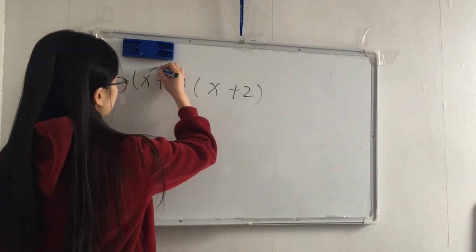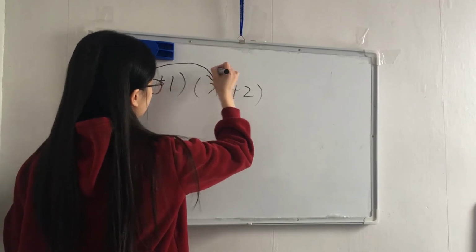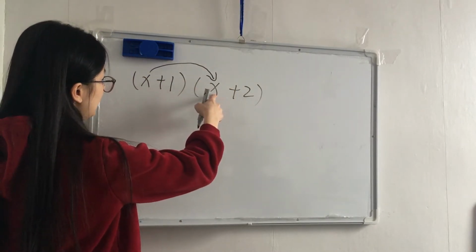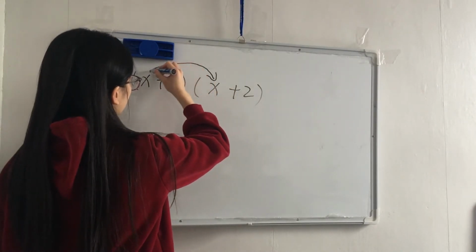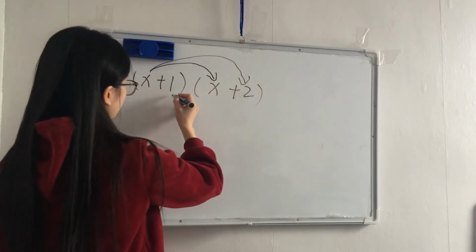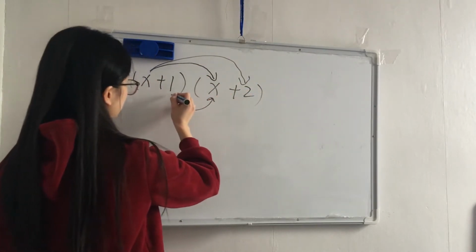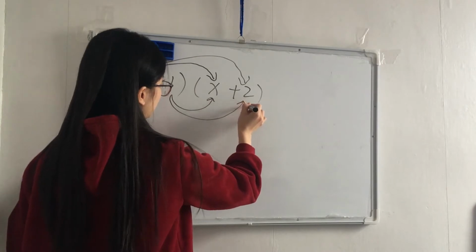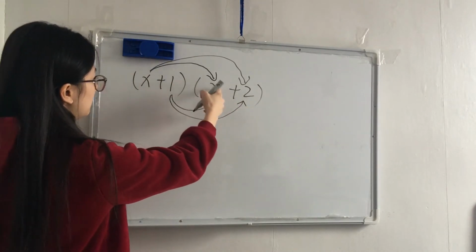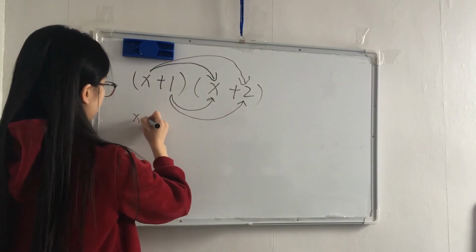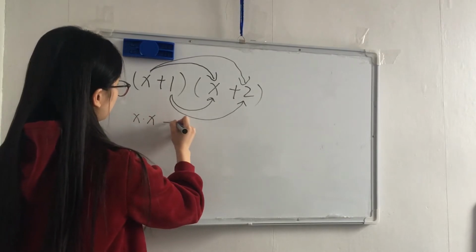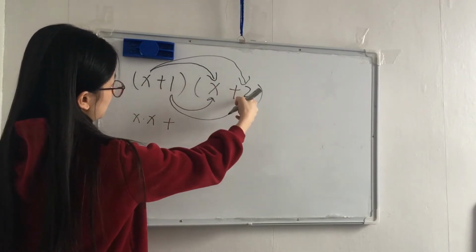So this FOIL method: the first term multiplies this, and then this multiplies this, and then this term multiplies this term, and this multiplies this. So that's x times x, and then plus this is x times 2.